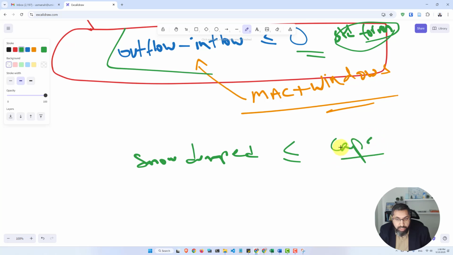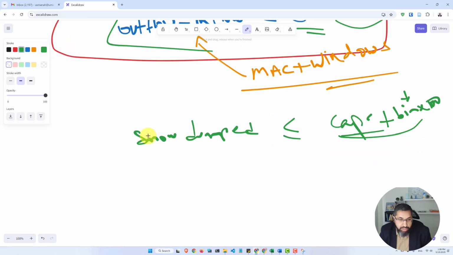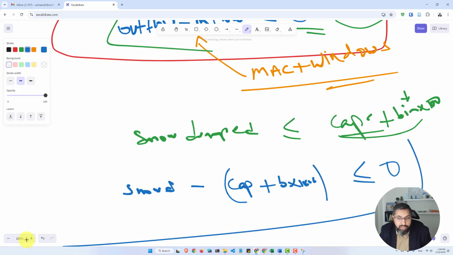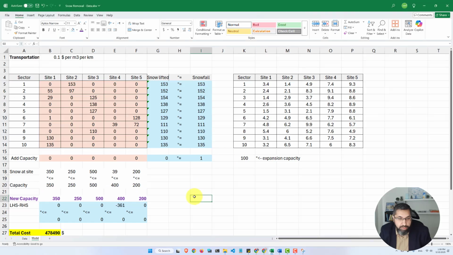Now when capacity was a number, it was fine, it would work on Mac, but when capacity became plus the binary variable times 100 additional capacity, now this has a variable in it, and now it can't be on the right hand side for Macs. So now I have to do snow dumped minus capacity, including the binary variables times additional capacity, has to be less than or equal to 0. I have to put it in like this.